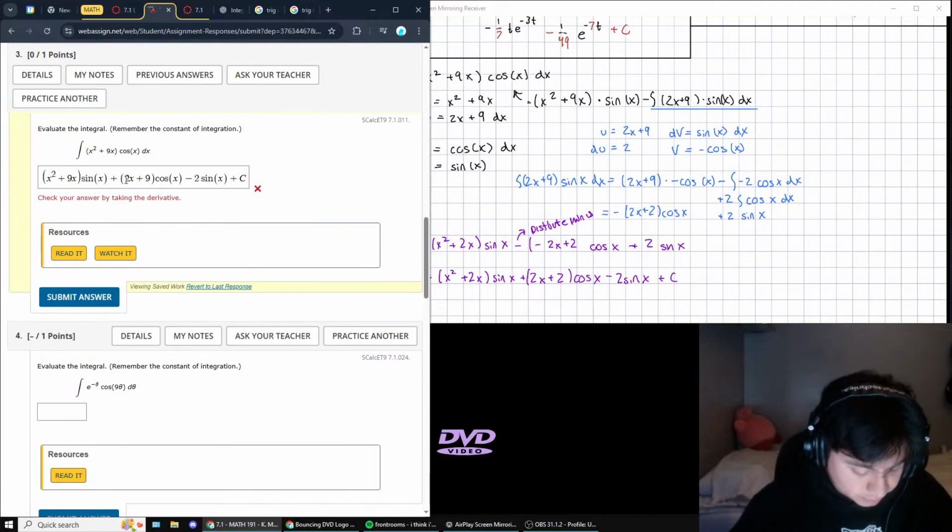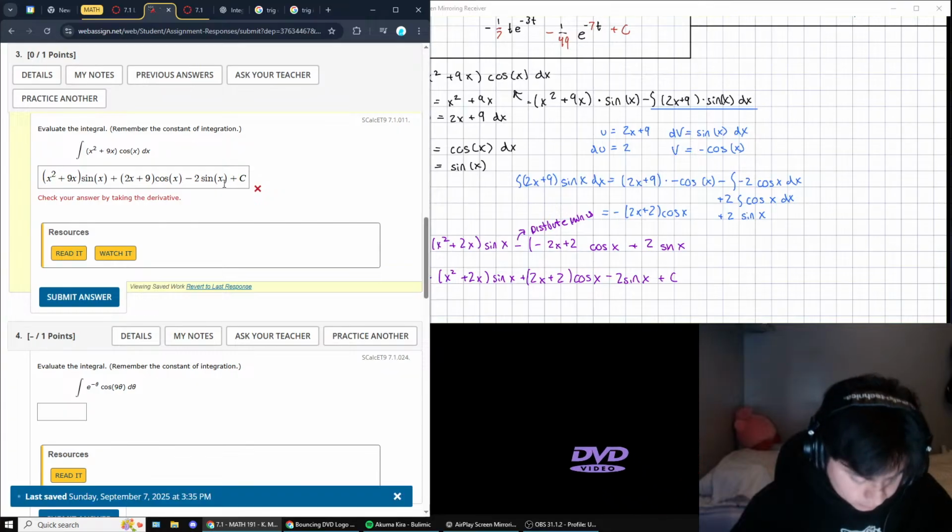Sine x plus 2x plus 9 cosine x minus 2 sine x.